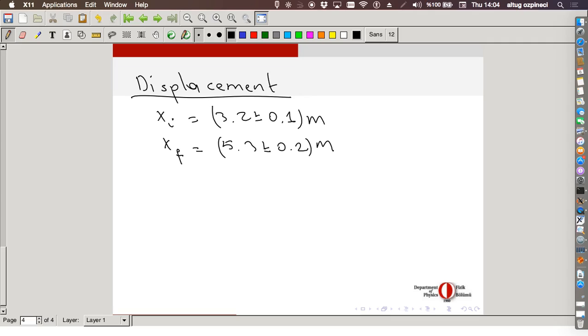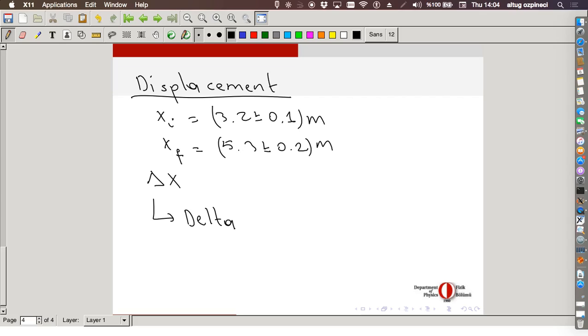How much did Umut move? What is the displacement of Umut? Now, when we mean the displacement of an object, this is how we show it. This triangle over here is what we call delta. Okay, when you graduate from the physics department, you will know almost all of the Greek alphabet. So this is your first lesson on the Greek alphabet.